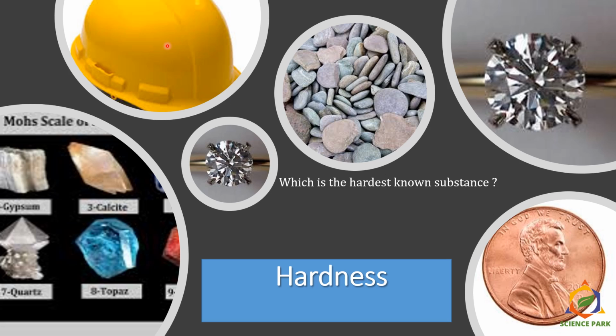We generally see these yellow helmets for workers who are working in factories or where construction is going on. We see these pebbles, different stones which are very hard to break. And these are naturally occurring gemstones which are very, very hard and crystalline.